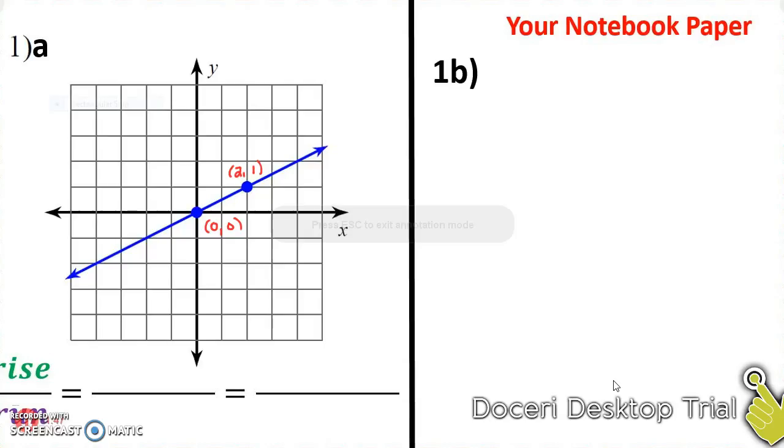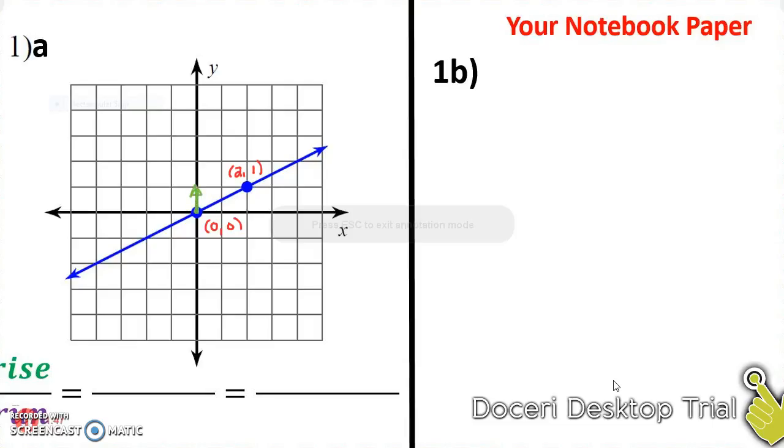So we want to pick a point. It doesn't matter which point that we use, and we want to move from one point to the next, and we're going to move only vertically, which will give us our rise, and then after that horizontally, which will give us our run. So if we start at ordered pair 0, 0, and we want to move to ordered pair 2, 1, you can see that I'm going to have to rise up.